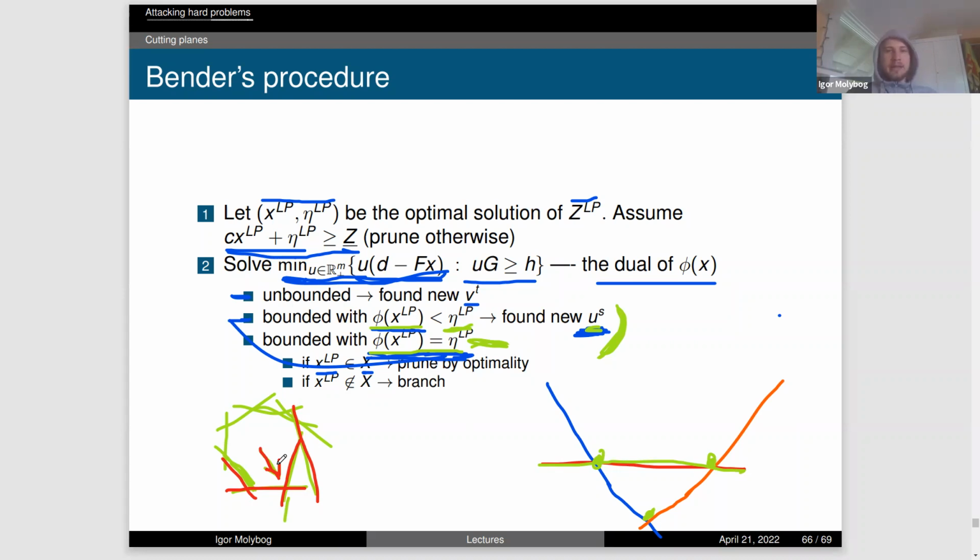It's really just trying to explore the geometry of the feasible region, but not everywhere. You are trying to explore the geometry of the feasible region in a particular direction, and this is the geometric intuition behind Benders' procedure.